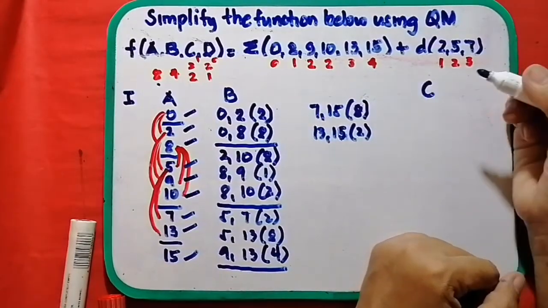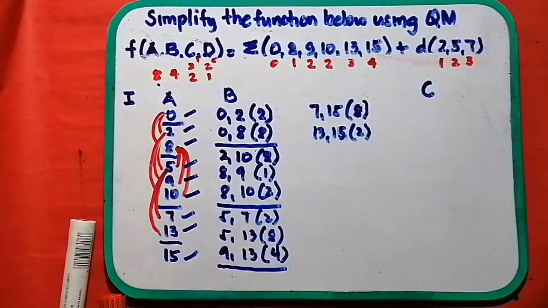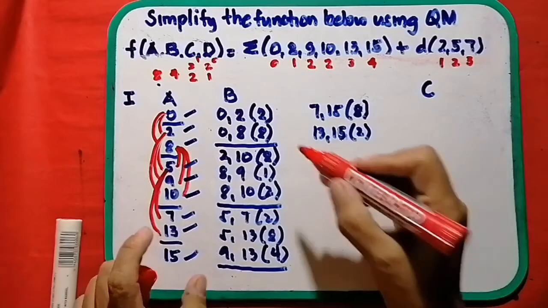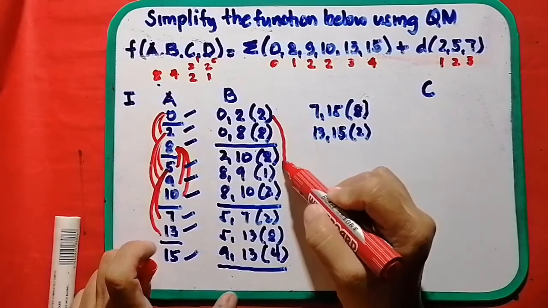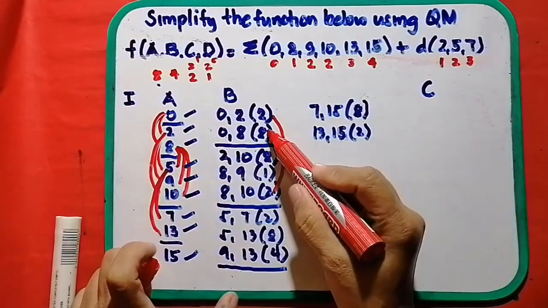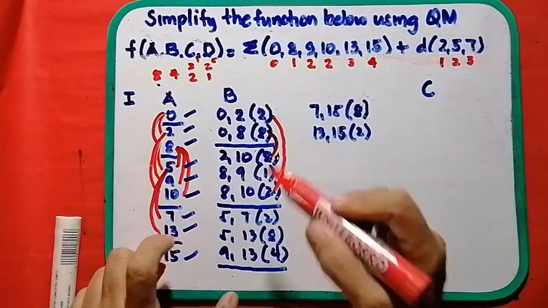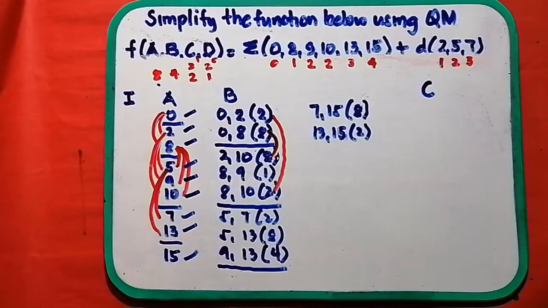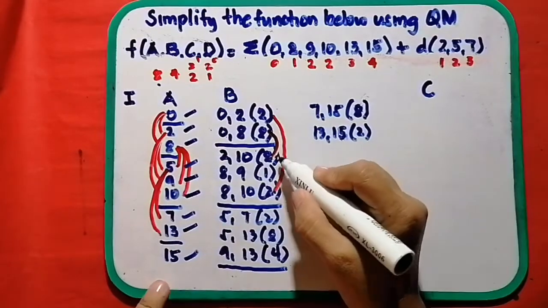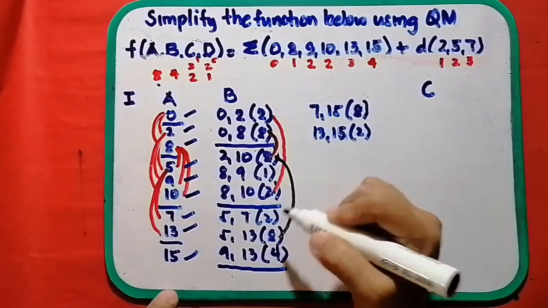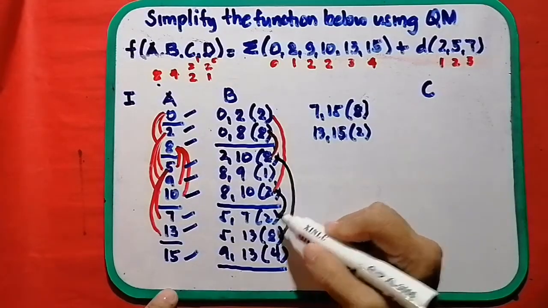In column C, same thing, you compare the adjacent groups, but then you can only compare those sets with the same difference. So, meaning, the 2 in here can only be compared with the 2 in here, 8 with 8. Your 8 here can only be compared with 8 here, 2 with 2 here.